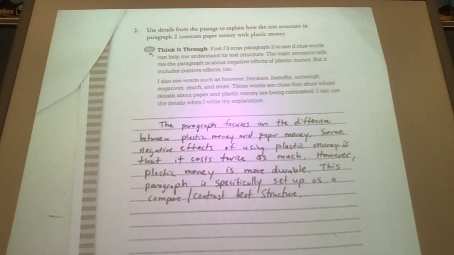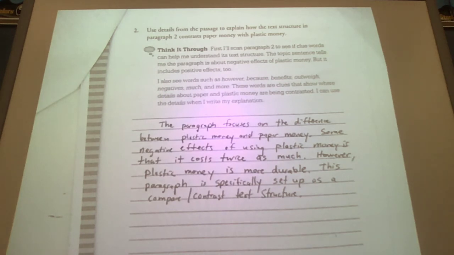Now, if we go back to the original text on page 1, I think we can agree, though, that in the beginning, the first paragraph is kind of set up as a problem and solution because they present us with a problem and then they tell us how we can solve it. In the second paragraph, that particular paragraph is set up more in a compare-contrast style of text structure.